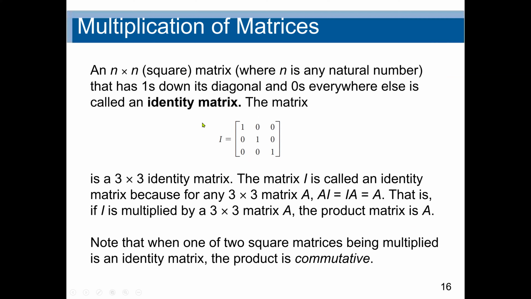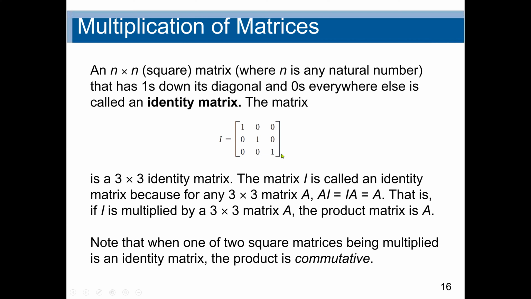Now, let's try the next section, which is multiplication of matrices using the identity matrix. So we say an n by n. Now, for an identity matrix, the first thing is that it has to be a square matrix, so that when the 1, 1 goes across, it can go from beginning to end.